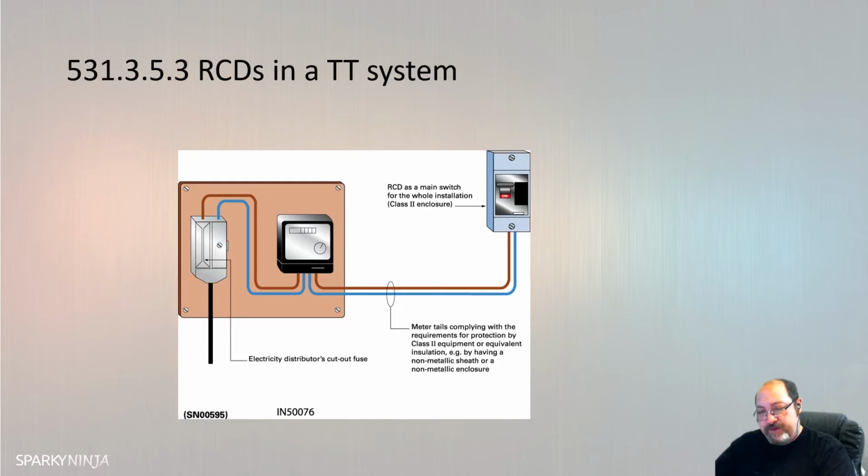We then have the rated residual operating current value, I delta N, of the RCD shall not exceed the I delta N corresponding to the maximum value of earth resistance, RA, to the exposed conductive parts taking into account the possible seasonal variations, including the soil's freezing and drying, of the part of the installation protected by this device as shown in table 53.1, where RA is the sum of the resistance in ohms of the earth electrode and the protective conductor connecting it to the exposed conductive parts.